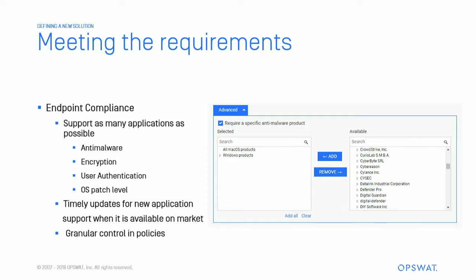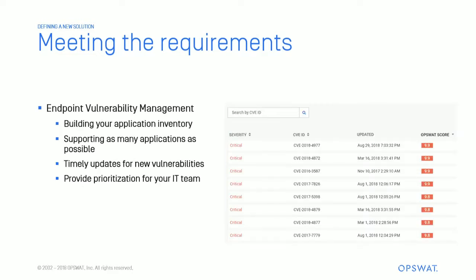Is it most up to date, or is it missing very critical patches that leave it highly vulnerable? You need granular controlling policies in order to define those for different groups, different users, and probably even different networks.